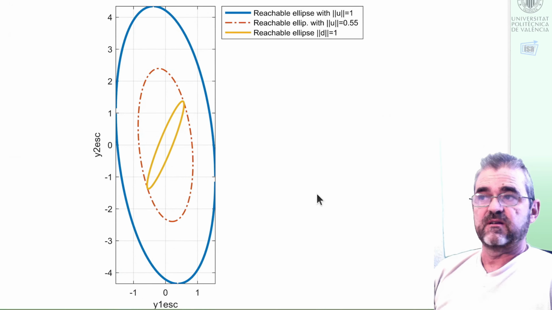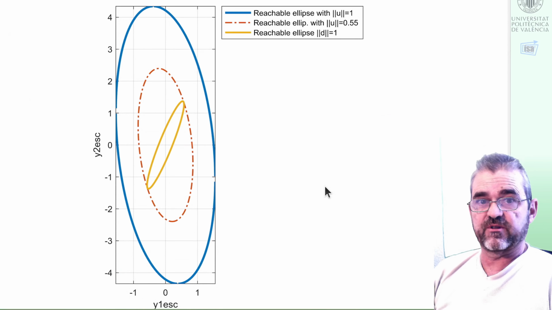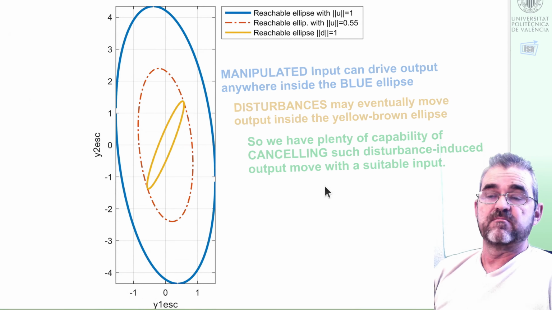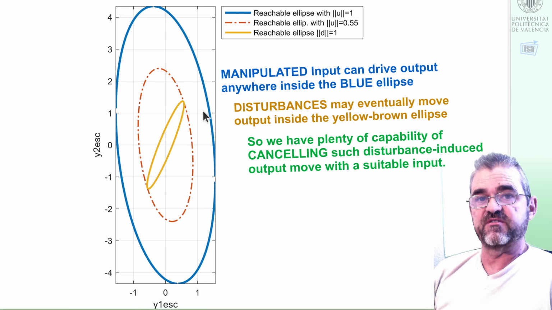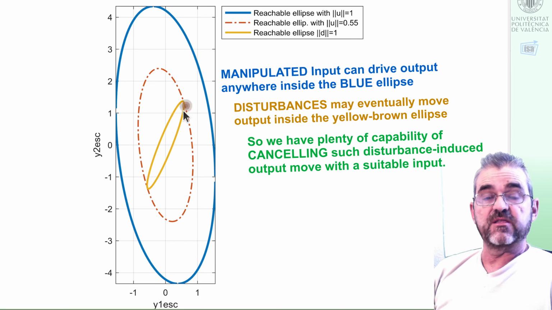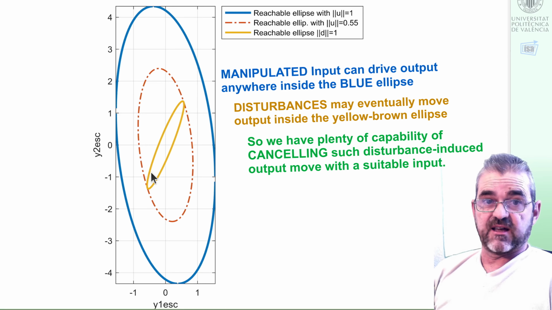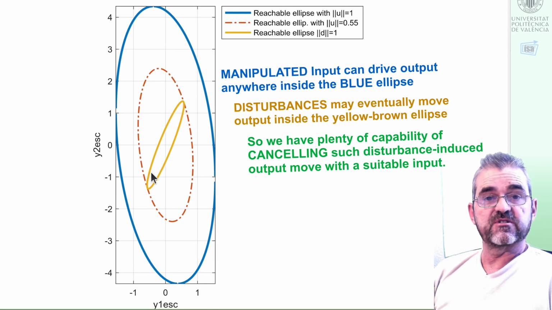The red ellipse I showed in previous videos is now blue, sorry for the color change. And then the swept ellipse in output space, swept by unit norm disturbances, is the yellow one. As the blue ellipse, equal to the one in previous videos, is larger than the yellow one, it means that a suitable choice of inputs can of course compensate the output values in the yellow ellipse.